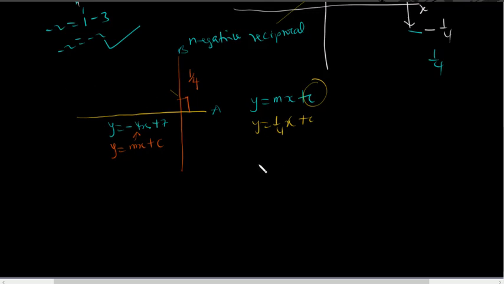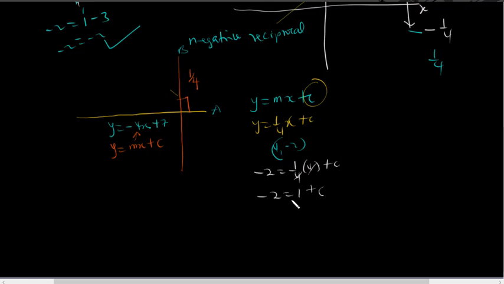I am also told that the point 4, -2 lies on it, so that means that it has to satisfy the equation of the line. So y is -2, and of course x is 4. So let me put 4 here. I am finding the constant c. So I have -2 equals 4 will cancel 4, and I have 1 plus c.